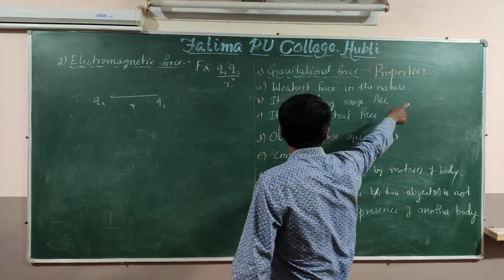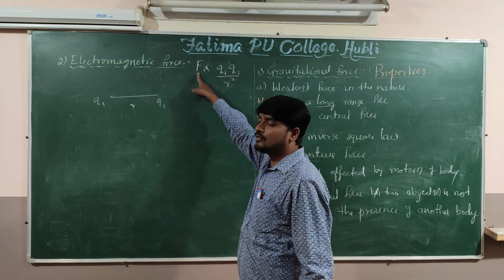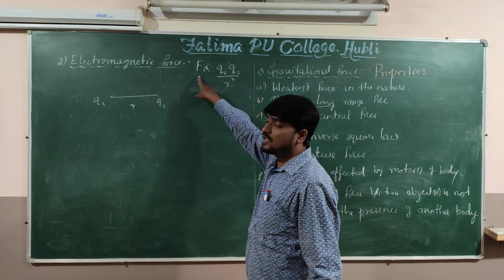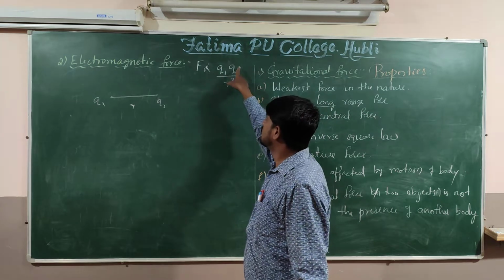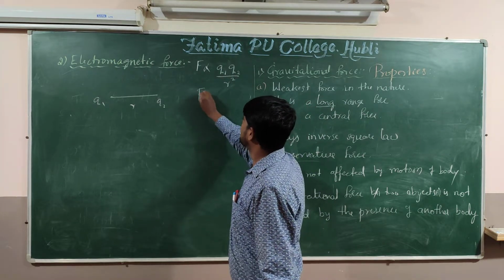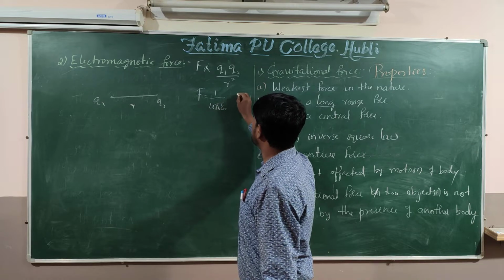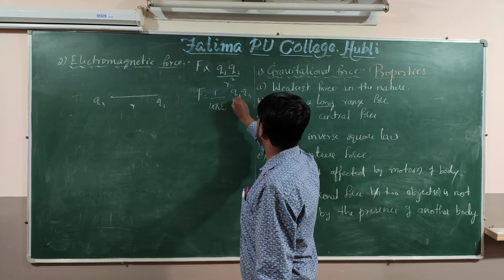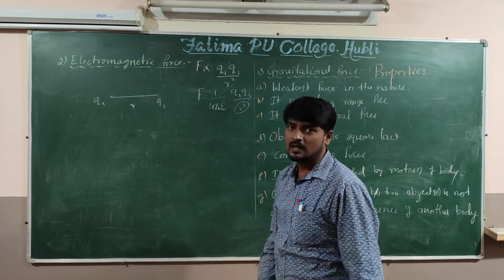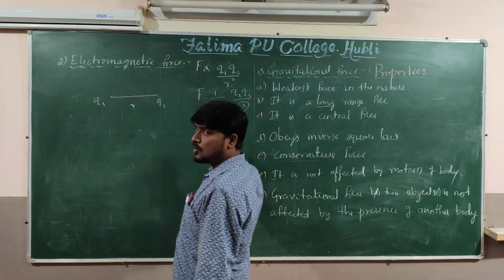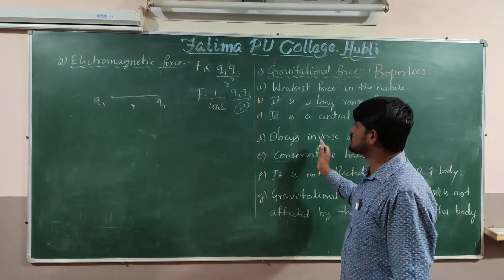In the gravitational force equation we had F equal to G M1 M2 divided by R square. Here also F is directly proportional to Q1 Q2 divided by R square, and if I write properly, F is equal to 1 by 4 pi epsilon naught, Q1 Q2 divided by R square. Look at this, it is also obeying the inverse square law. So some properties of these fundamental forces are common.